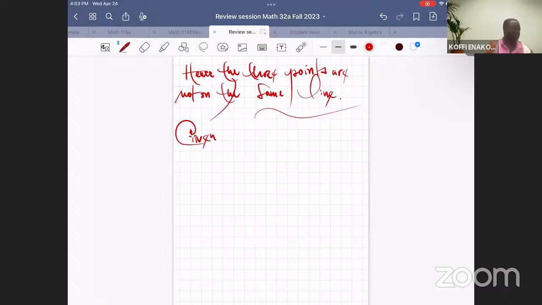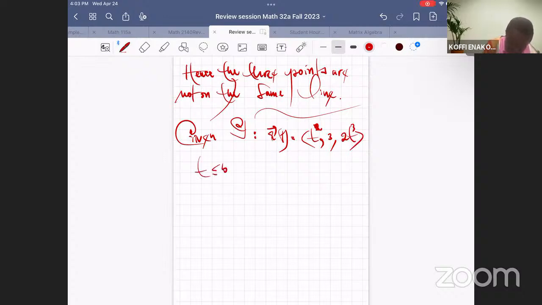Given the path of a particle, let's say P, that is made of the following curve. I have R of T. The R of T is made of T squared, 3, and T cubed. T is between 1 and 5.